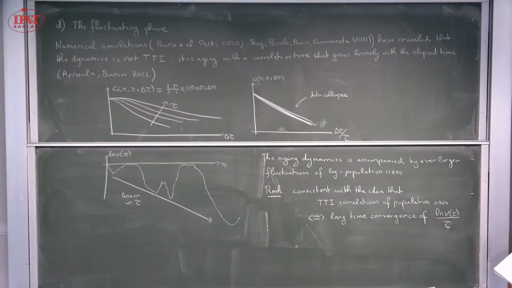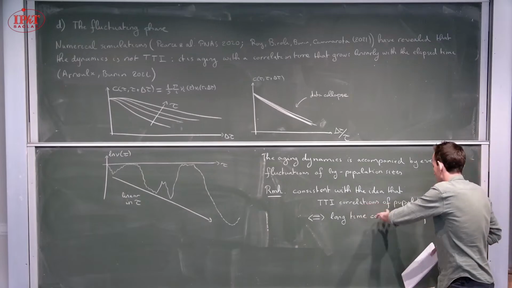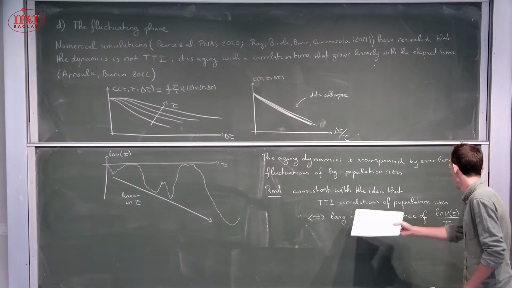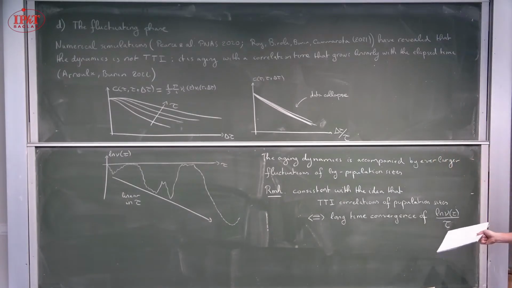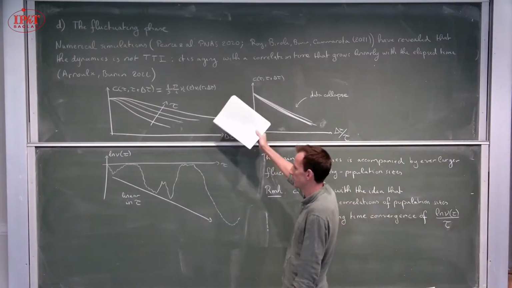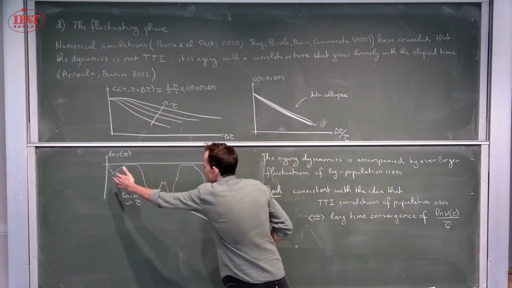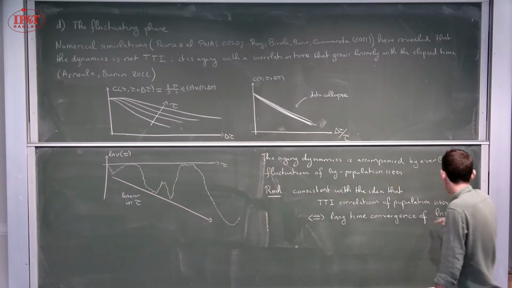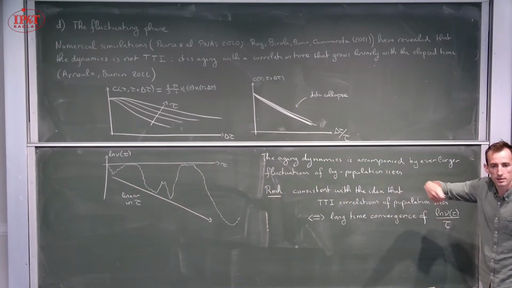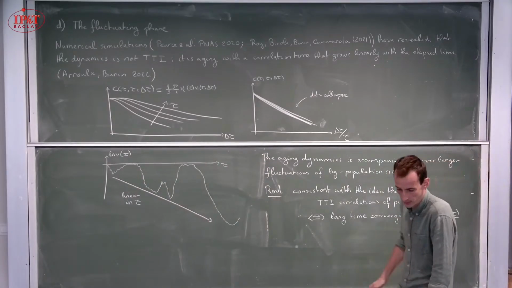If you have TTI, if you have time translation invariant correlations of population sizes, then you have long time convergence of this, and reciprocally. So here you see the two things break down at the same time. Because since this goes down with tau, this guy keeps fluctuating as time goes on. It doesn't converge to a fixed value.